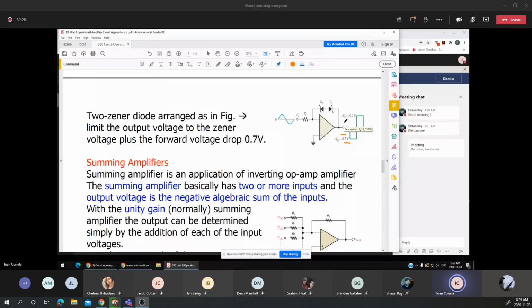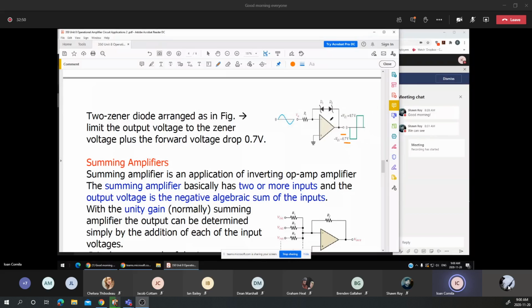Now we may choose D1 identical with D2. In this case, I have a similar voltage on the positive and a similar voltage on the negative. In the same way, we may choose different values for D1 and D2.